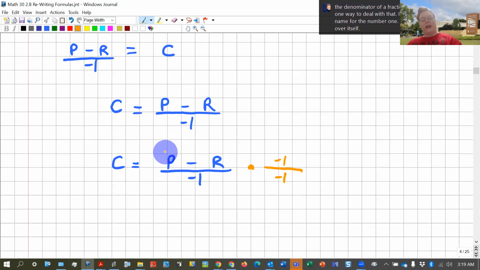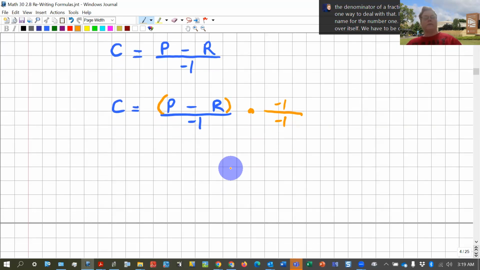We have to be careful though, because the numerator has an addition in it, currently disguised as a subtraction.